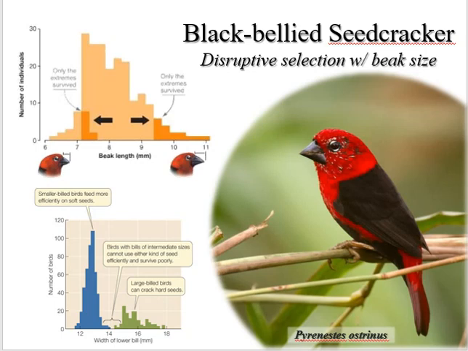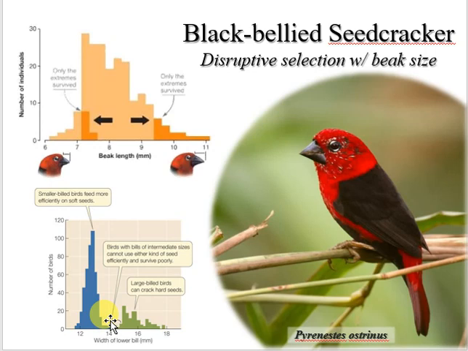Individuals with intermediate sizes, so your average traits per se, cannot use their beak to really access either kind of seed efficiently enough that they can survive or sustain their longevity.